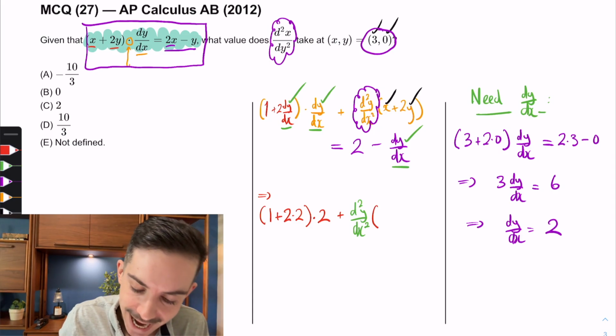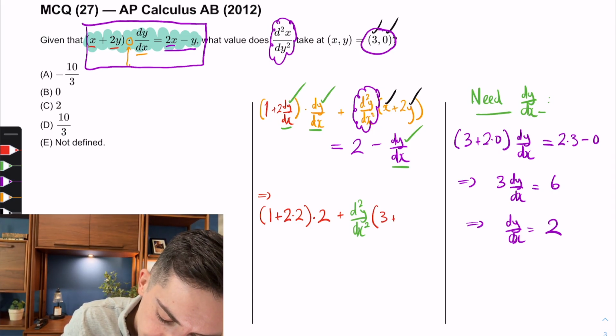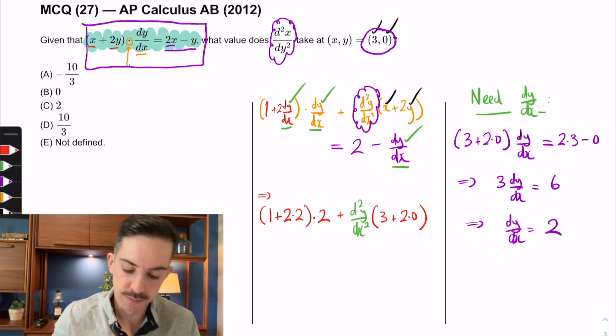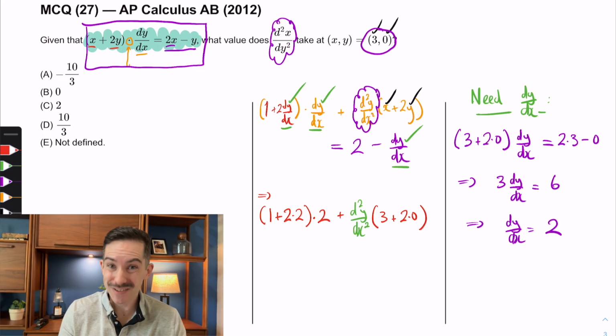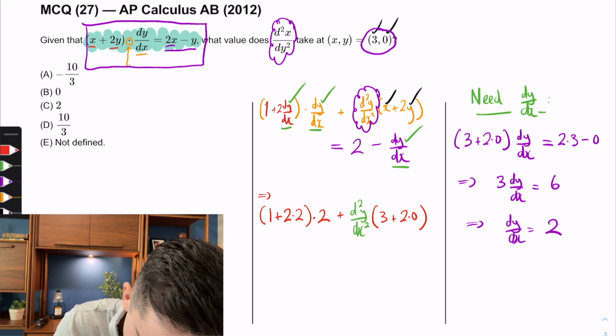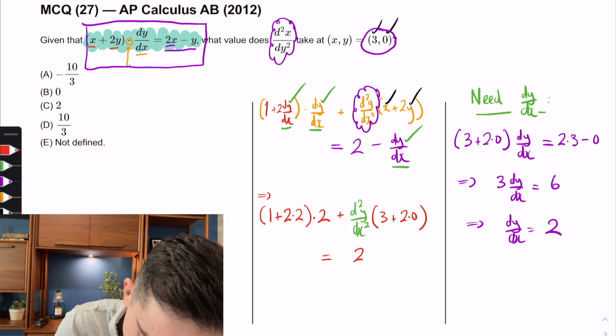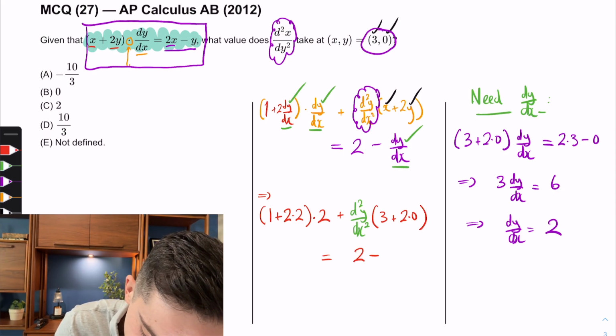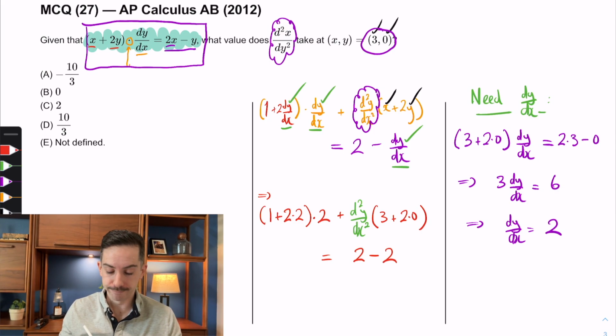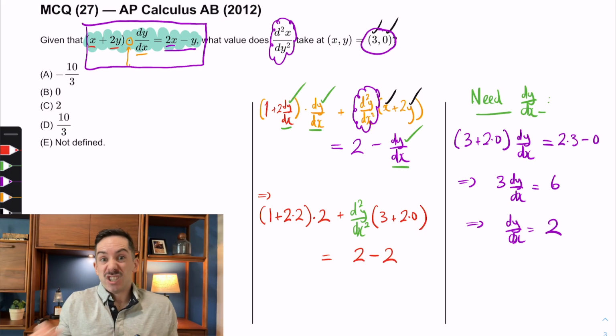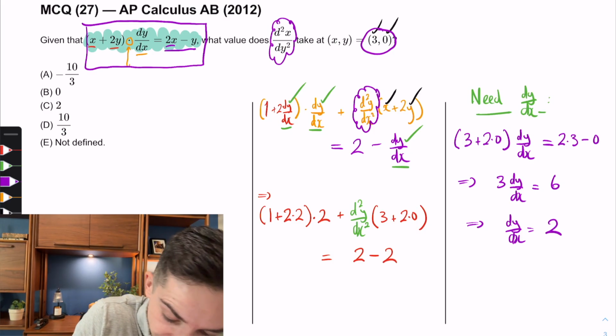Keep substituting. X is supposed to be 3 plus 2 times y, which is supposed to be 0. That's my left-hand side taken care of. On the right-hand side, I'll get 2 minus dy by dx. That was 2. Well, now I just need to tidy this up, and we'll have our final answer.